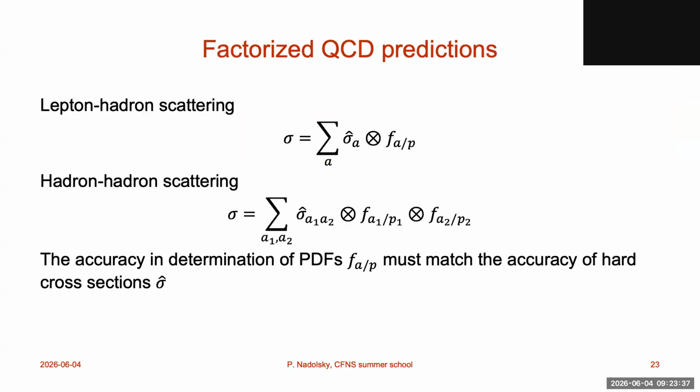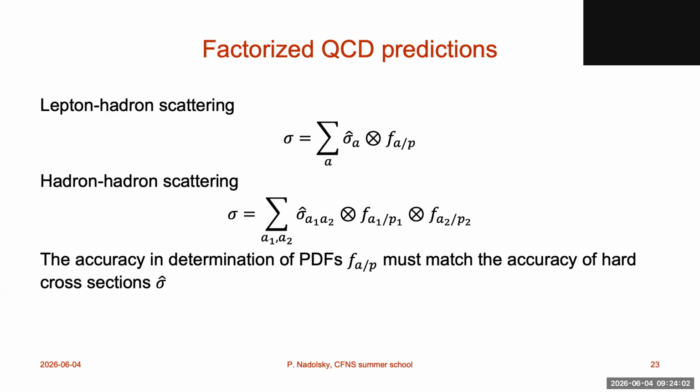Once we have found these PDFs, we can make predictions for all kinds of processes. For the EIC, we will have lepton-hadron scattering, where we have one PDF for each prediction, but for hadron-hadron scattering you have two PDFs for each prediction.